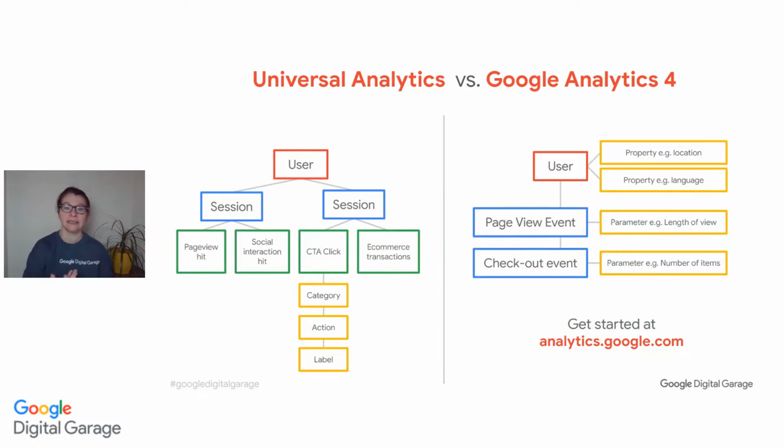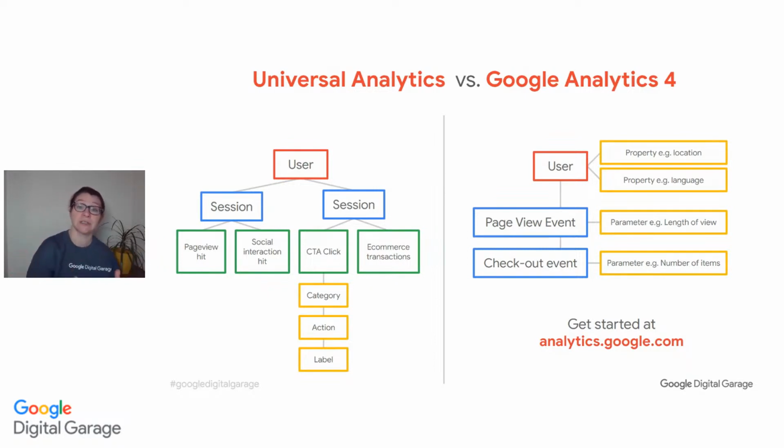Universal Analytics was designed to mirror the way that we used the internet five years ago, before the advent of smartphones and apps. We were very much on a computer using one route through the internet. What's happened over the last few years is the internet's changed, tools have changed, and behaviors have changed.